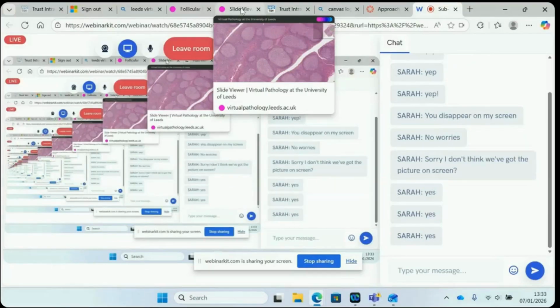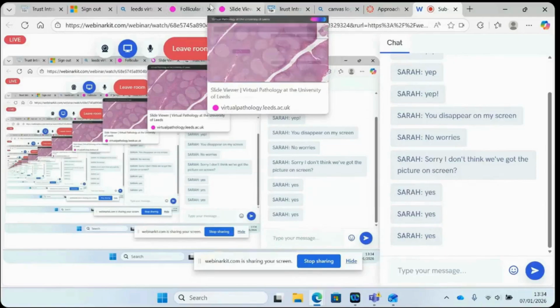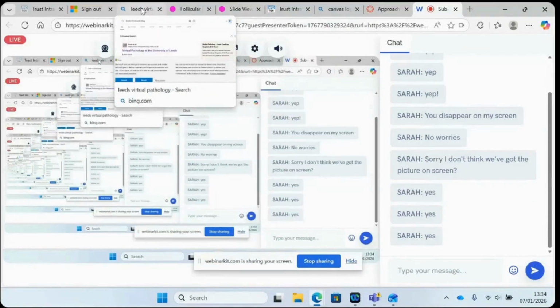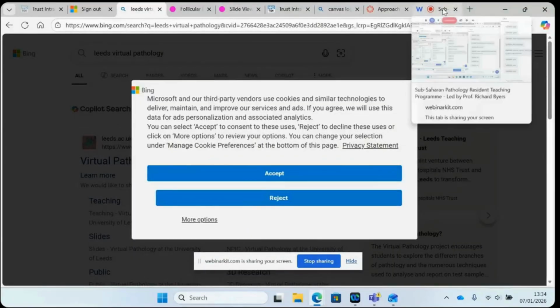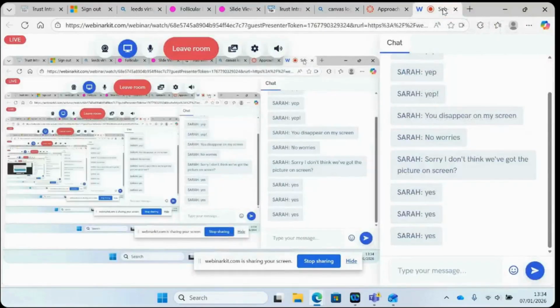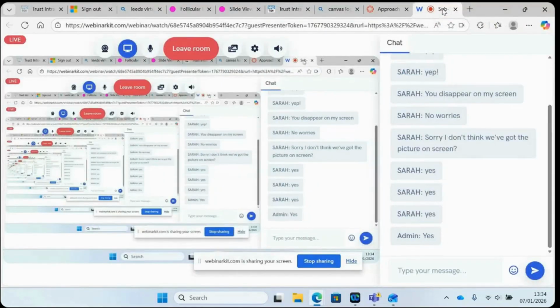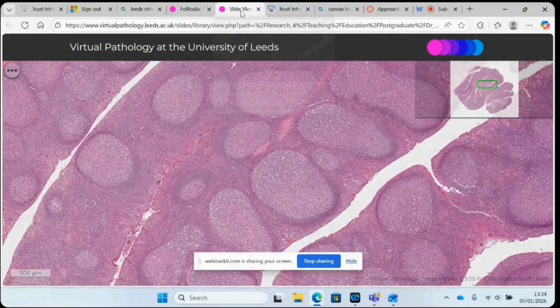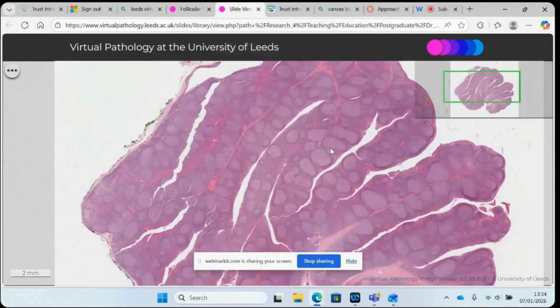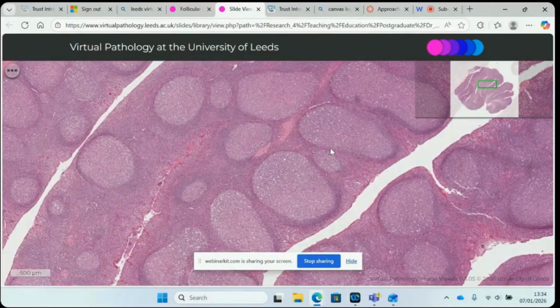And you've got tons and tons of images. Can someone tell me if I've moved to another screen? Yes. Okay. Right. So there's the follicular lymphoma. Hopefully you should see me zooming in and out on this follicular lymphoma now. Is that correct, Ava? Because I can't see. Yeah.